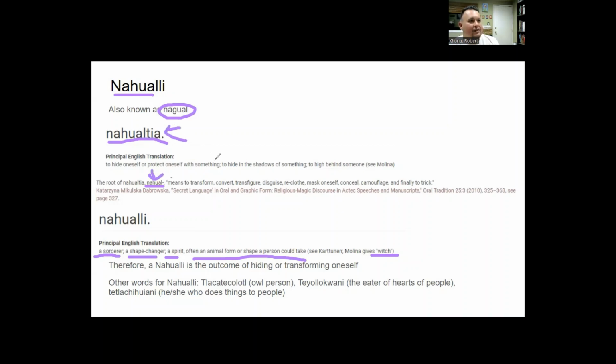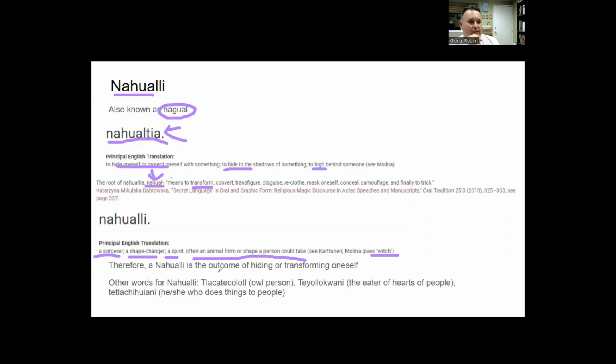Okay, and so therefore, a nahualli is the outcome of hiding or transforming oneself. Okay, so that's what that means. So once again, it could either be the person that's doing those things, the person that is hiding, concealing, tricking, all of those things, or it could be the thing that you have been transformed into.